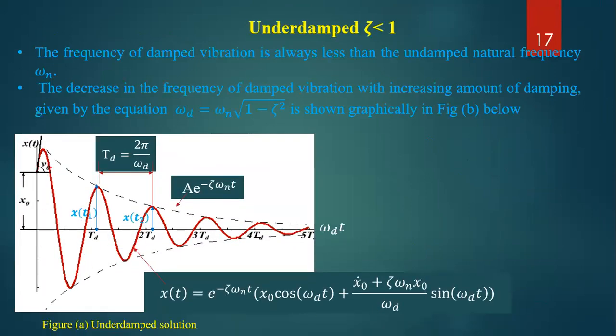Look, in this figure we have the term e to the minus zeta omega n t. A is some constant, no problem. But as t increases, because of the power of minus zeta omega n t, this means A times e to the power of 1 over zeta omega n t.